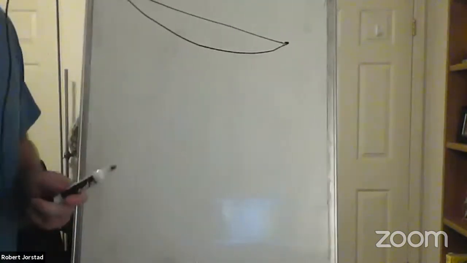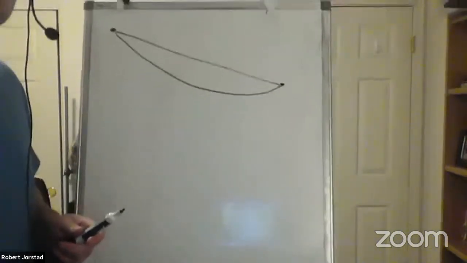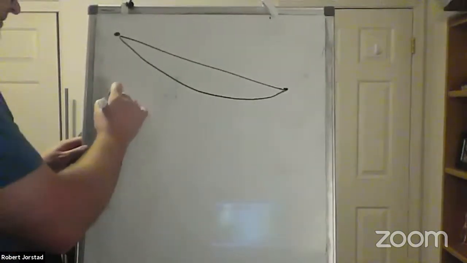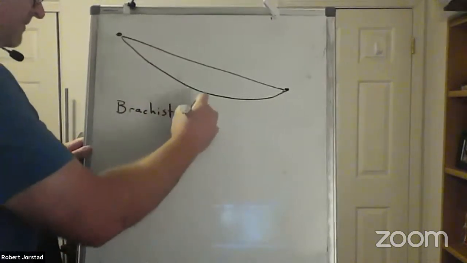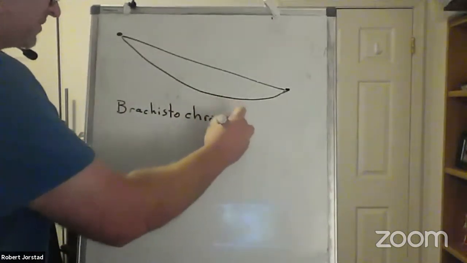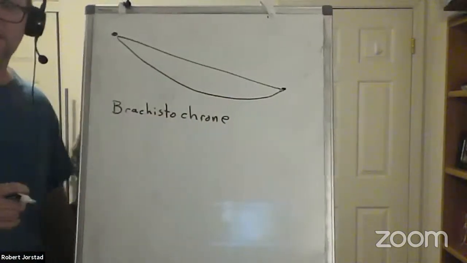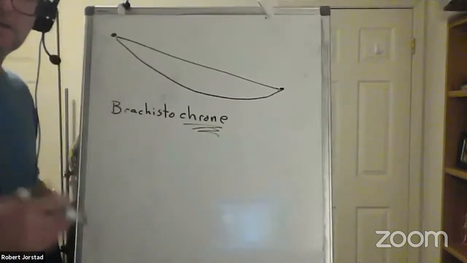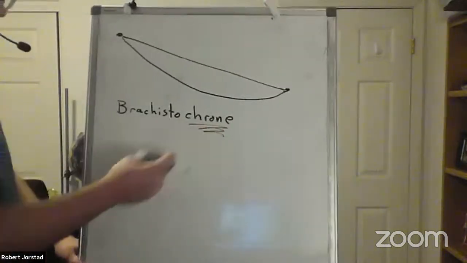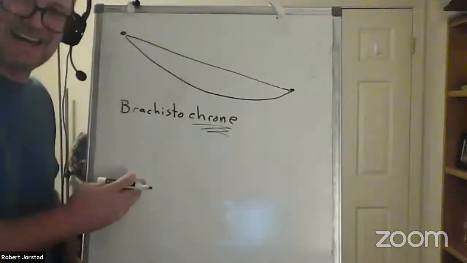There's a name for this path, and it's called the brachistochrone. Chronos, time, so there's some time in there. This is called the path of least time.